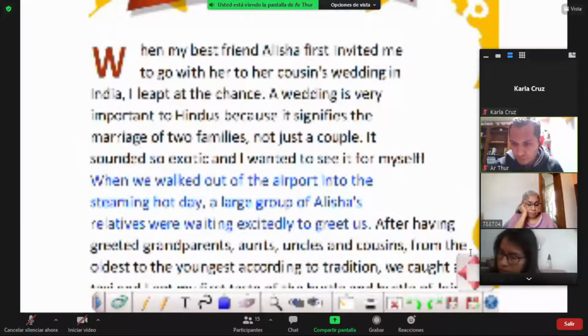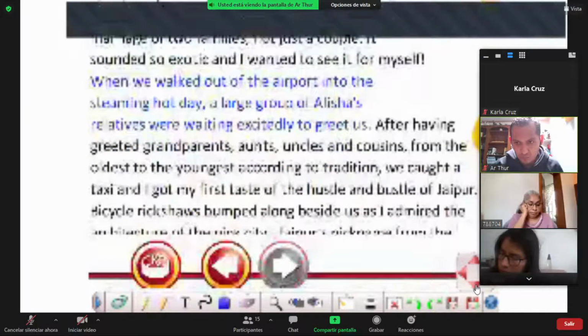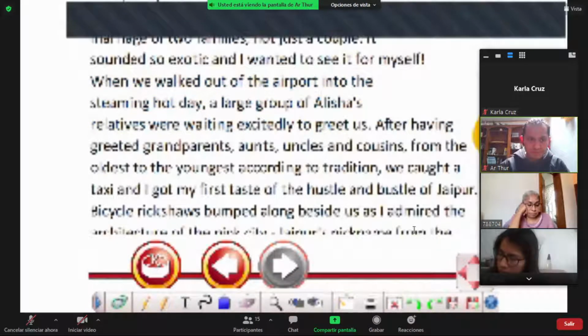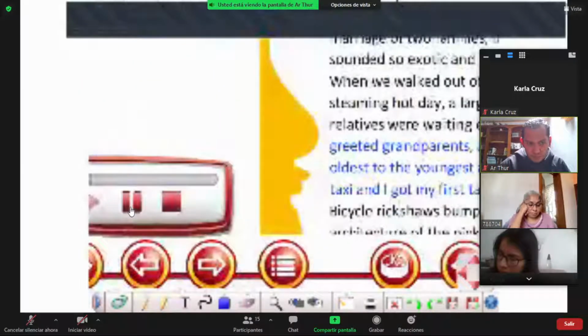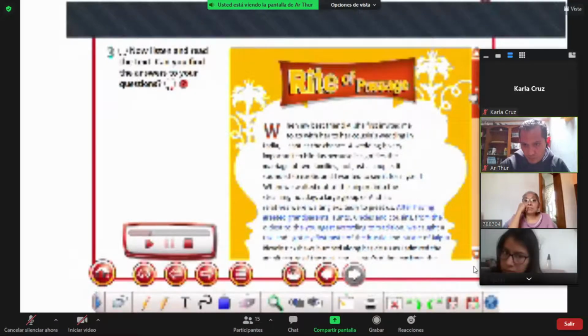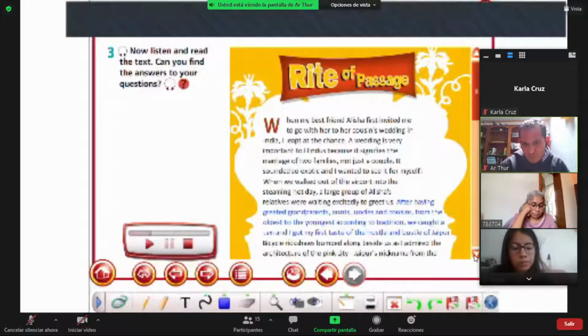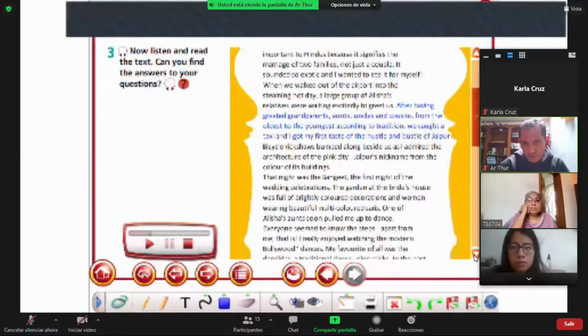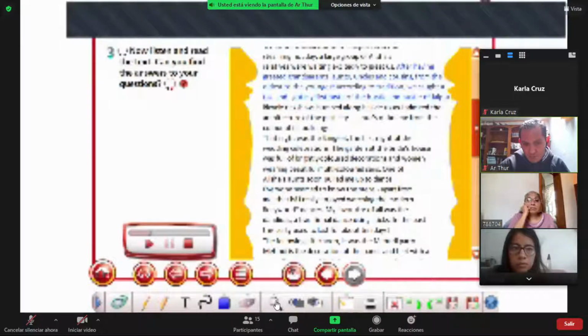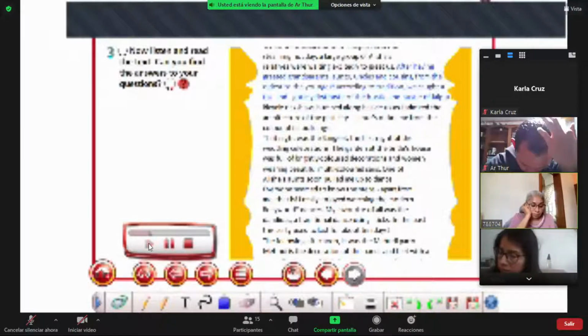When we walked out of the airport into the steaming hot day, a large group of Alicia's relatives were waiting excitedly to greet us. After having greeted grandparents, aunts, uncles, and cousins, from the oldest to the youngest, according to tradition, we caught a taxi and I got my first taste of the hustle and bustle of Jaipur.